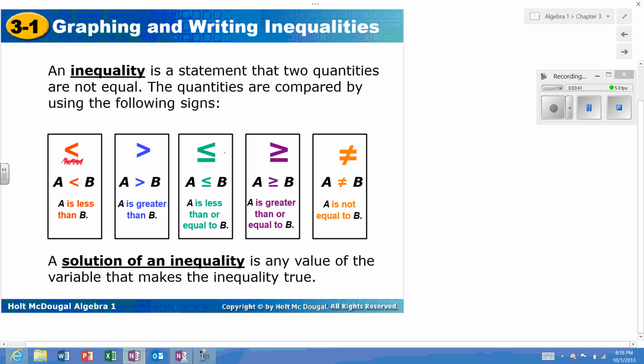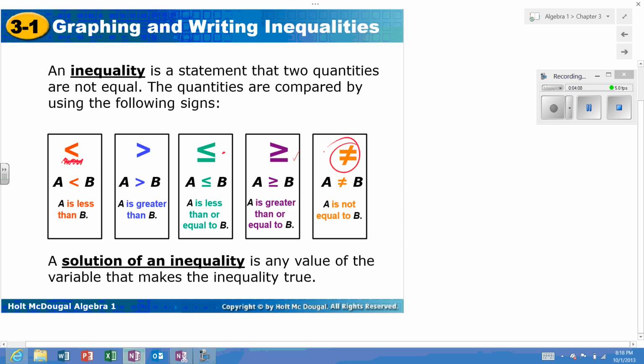If we want something to be A is less than or equal to B, then we want to point the inequality sign toward B, but this time we have a line under it to represent that it's also equal to. If A is greater than or equal to B, then the inequality sign is facing towards A. And finally, to say that something is not equal, we just use an equal sign with a slash through it.